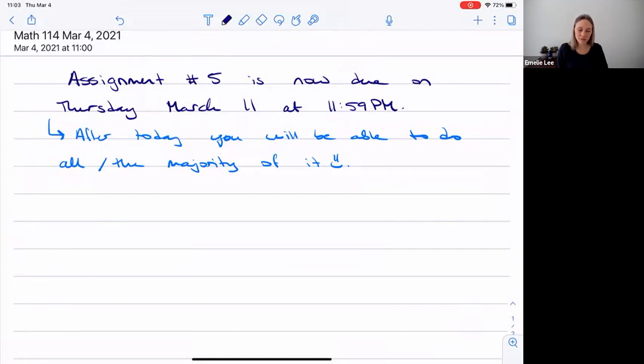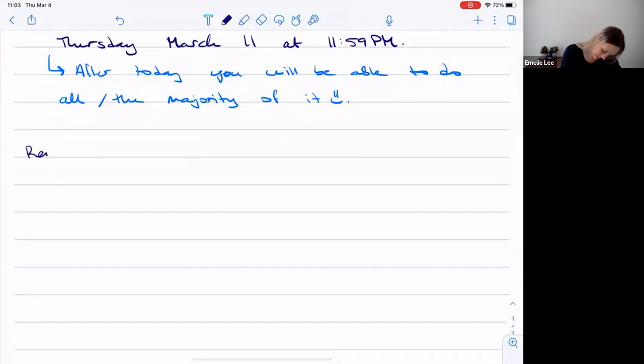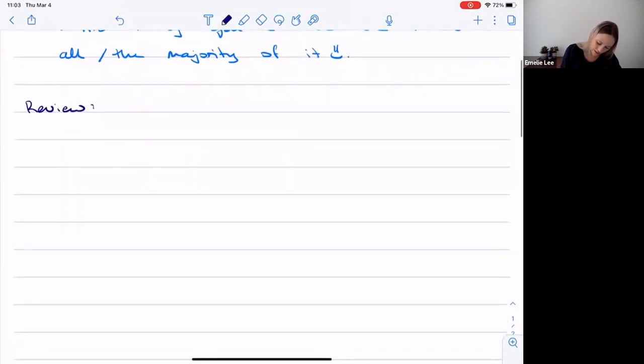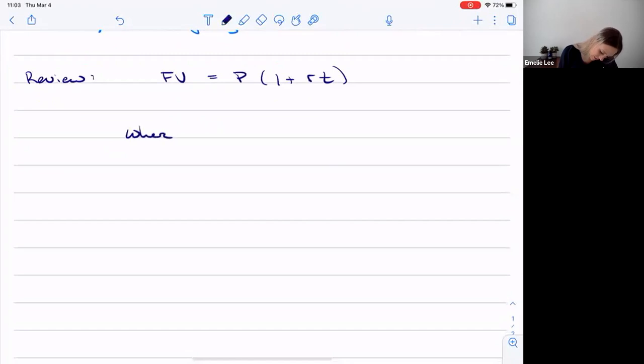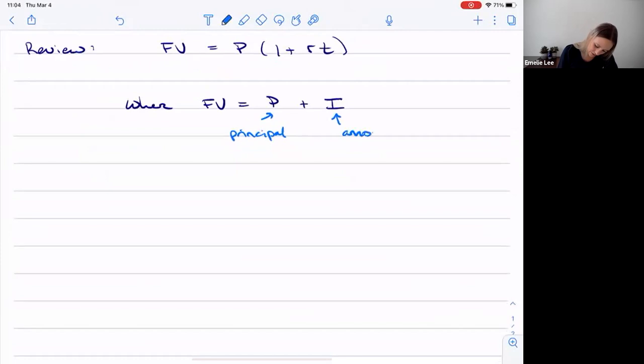But just as a little review before that, we introduced that the future value is P times 1 plus R times T, where the future value is the principal plus the amount of interest. P is the principal and capital I is the amount of interest.